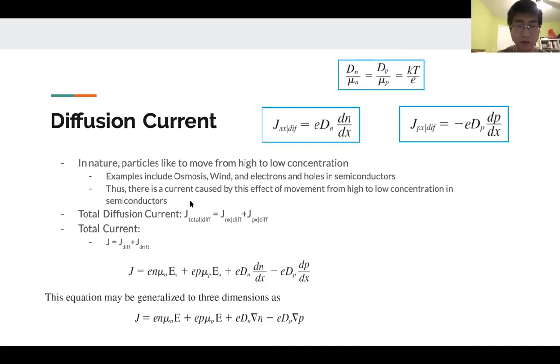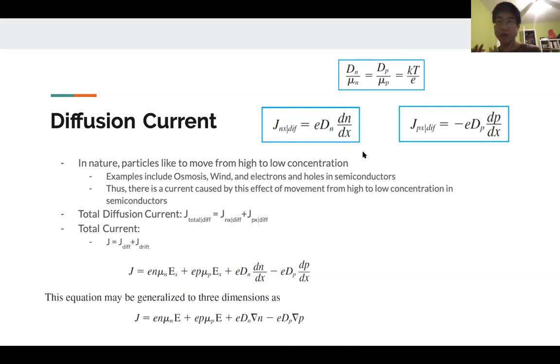And so the total diffusion current is just the diffusion current due to the holes plus the diffusion current due to the electrons. And basically, because it's stuff moving from high to low concentration, you take the gradient. So for holes, the equation is the fundamental charge constant times another proportionality constant times the derivative of the carrier density, of the hole density.